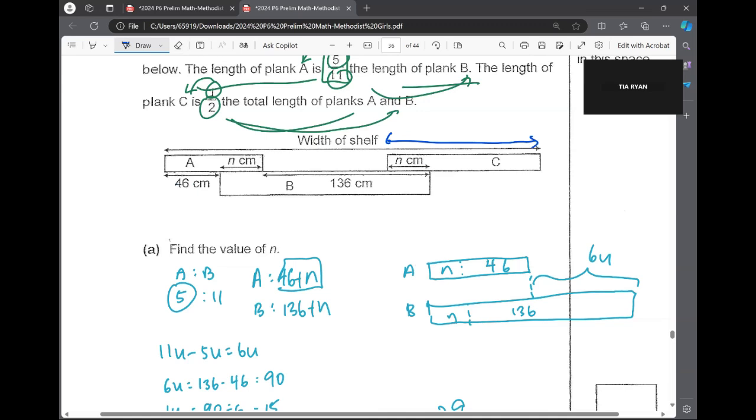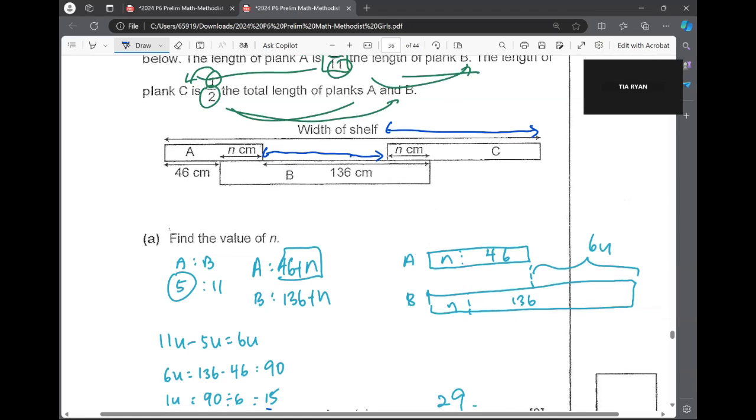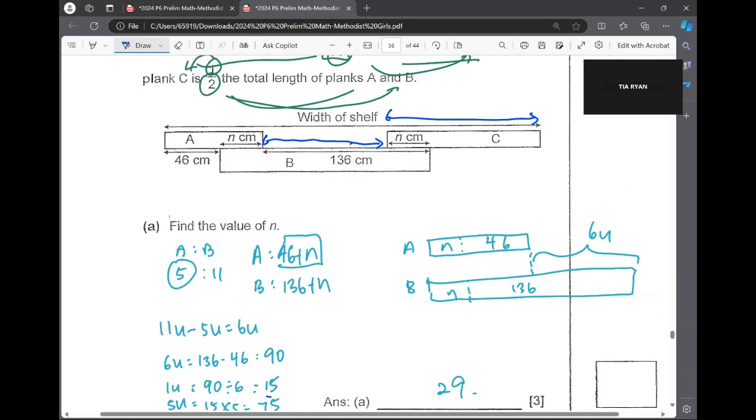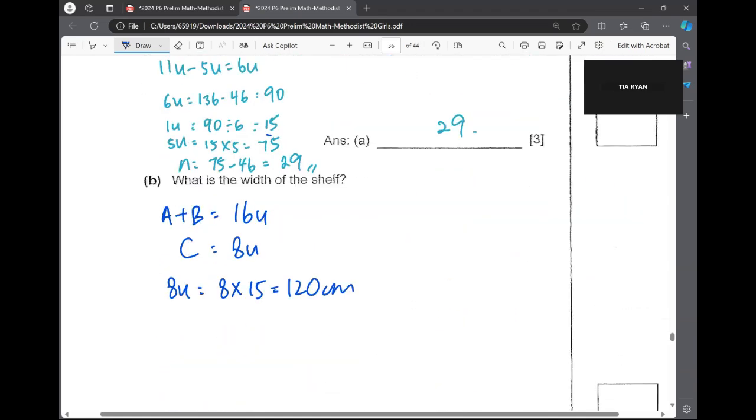Agree? Next, I have to find out what is here to over here. Okay, what would that be? That would be 136 minus N, which is 29. Very good. 136 minus 29, which is 107 cm.